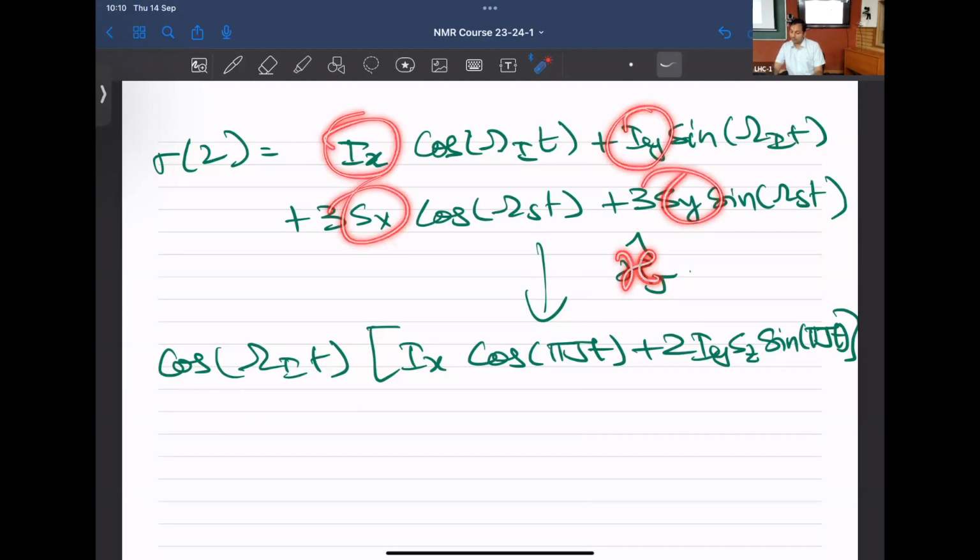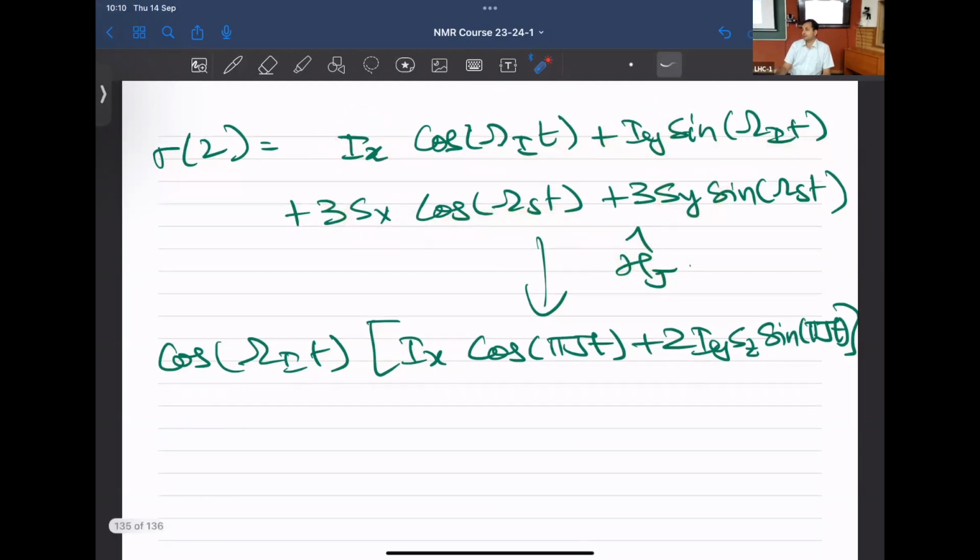It will not act upon the constant coefficients that exist. So what you end up getting here is cos of omega I t times Ix cos pi J t plus 2 Iy Sz sin pi J t. This is what we have been saying in the past week on how, when you start with one given operator, it evolves.